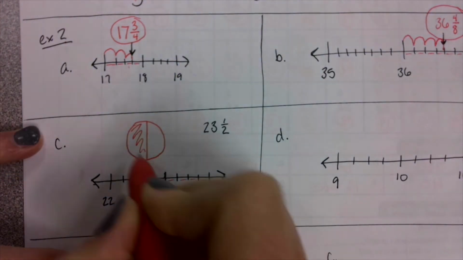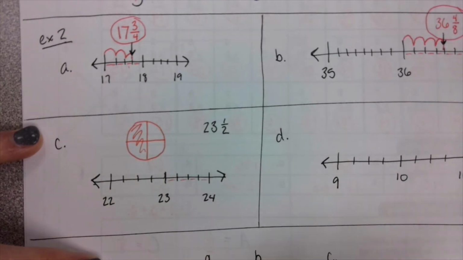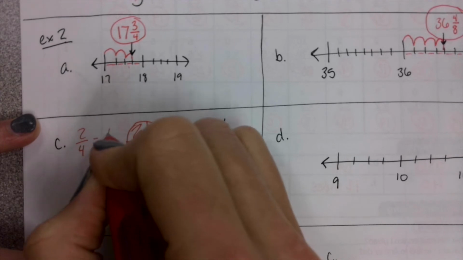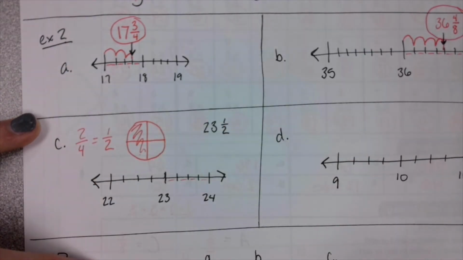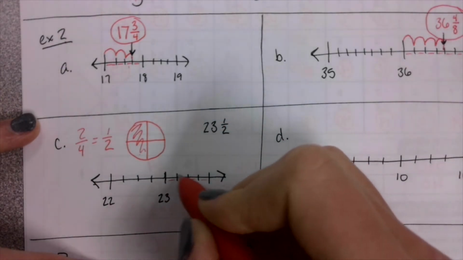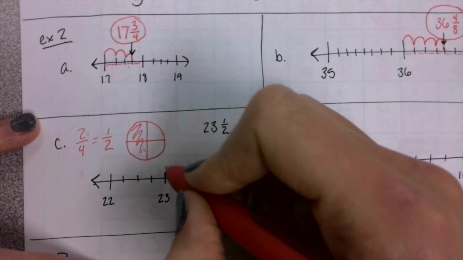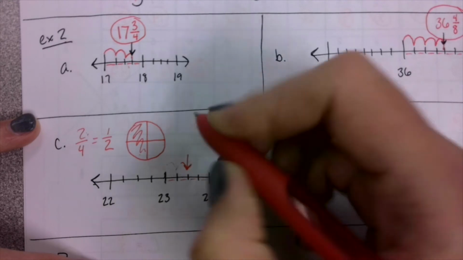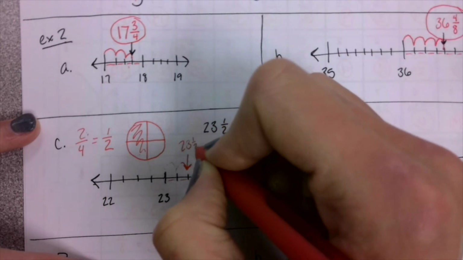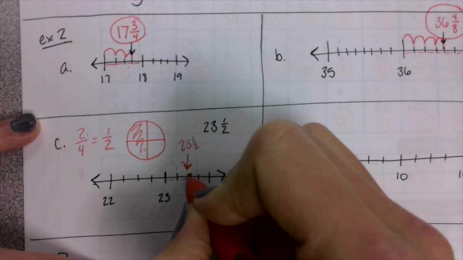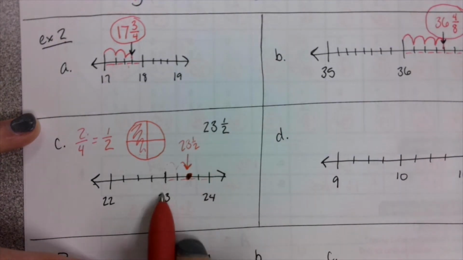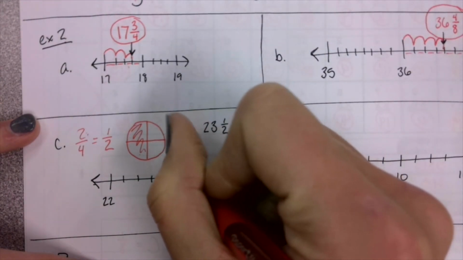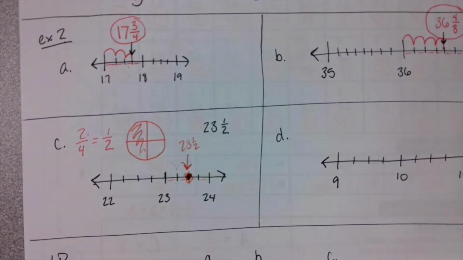If all of a sudden there were fourths, how many fourths would that be? 1, 2. Okay, so 2/4 equals 1/2. It's the same thing. So if this is fourths, I need to find the second one to get 1/2. 1, 2. Boom. Right here. So here's going to be 23 and 1/2. Now, right here, if I put a big dot there, does it look like it's about halfway between 23 and 24? Yeah. So that's where my 23 and 1/2 is going to be.